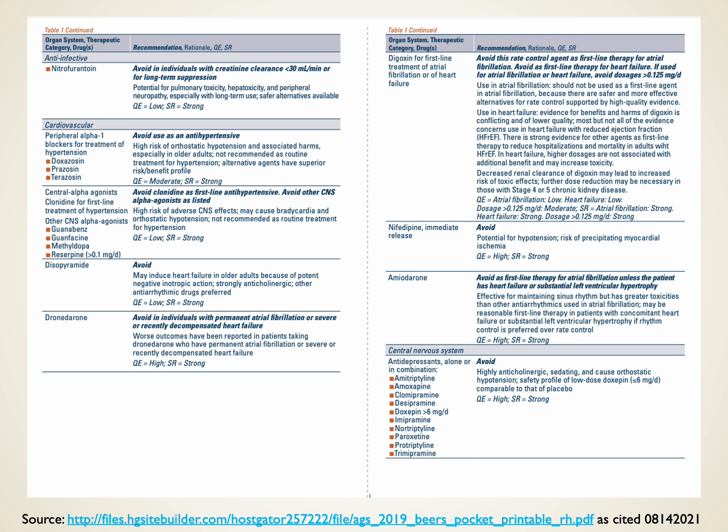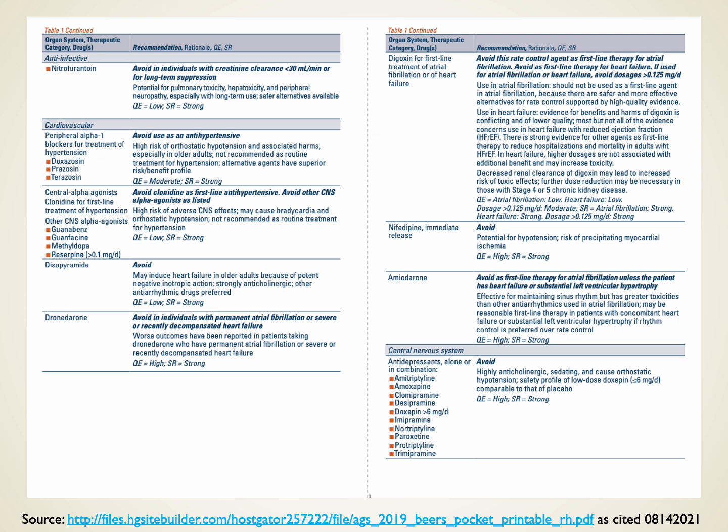So that's always something to keep in mind. And remember, nitrofurantoin just gets in the bladder, so it's only used for uncomplicated cystitis in women who have good renal function, period.